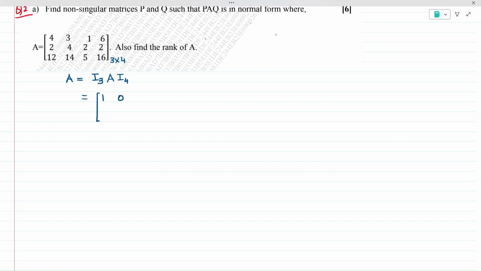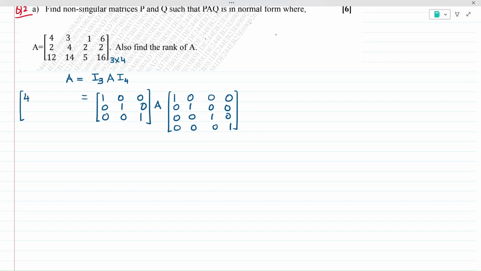So that's going to be 1 0 0 0 1 0 0 0 1. Matrix A we will not touch at all. I4 will be identity matrix of order 4. And left hand side is my matrix A, which I will be working on and converting it into the normal form.